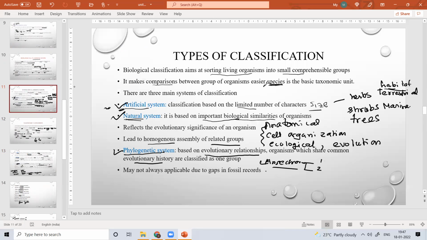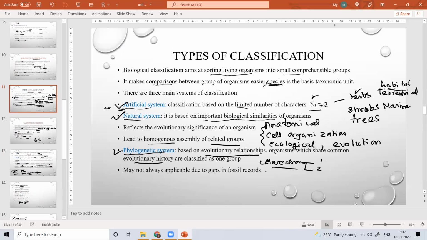What are the different types of classification? For classifying organisms, if you take very limited characters, that may be size, habitat, or similar, only a handful of characters are taken under consideration. That is called the artificial system of classification, and that does not exist now. The other type is natural classification, which includes all important biological similarities, all biological features of an organism.